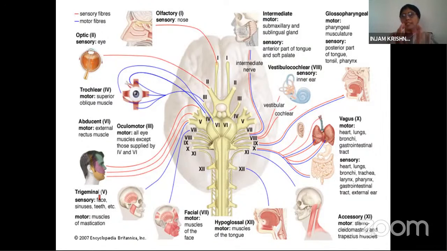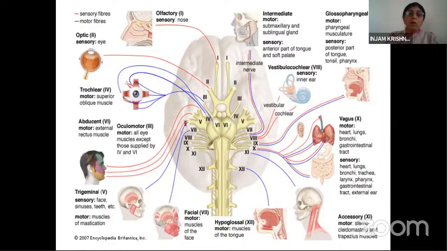It is a collection of cell bodies, from which arise the ophthalmic, maxillary and mandibular nerves. From the ganglion, the nerves arise and reach the pons.